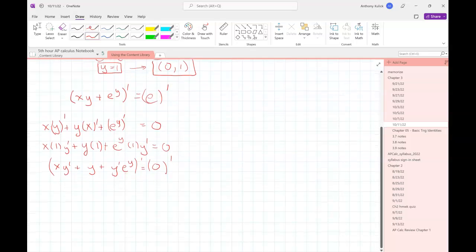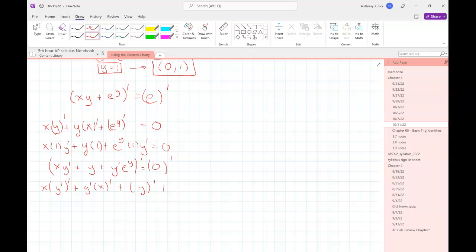That is my motivation there. So again, x times y to the first is a product rule, and then I have to take the derivative of y. Then taking the derivative of y prime times e to the y is another product rule. And the derivative of 0 is just 0.